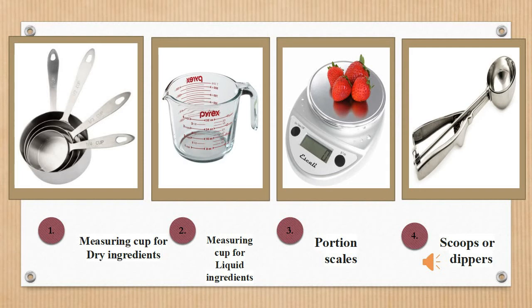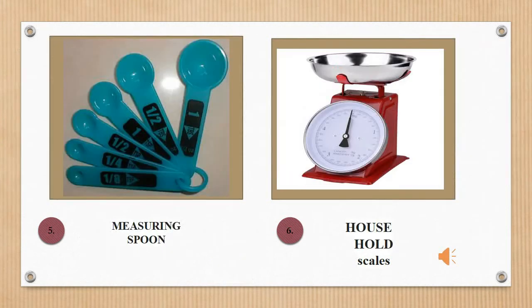It is used to measure an ingredient like ice cream. Measuring spoon is used to measure small quantities of ingredients, either liquid or dry ingredients. Household scales. It is used to measure large quantities of ingredients.